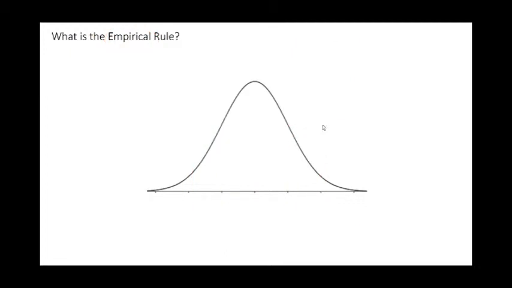From there, we can use the symmetry of the curve and chop the 68% in half. If we have the mean right here, and we consider moving along the x-axis using standard deviations, we know about 68% are within 1 standard deviation.